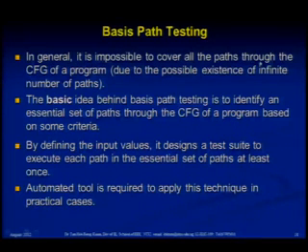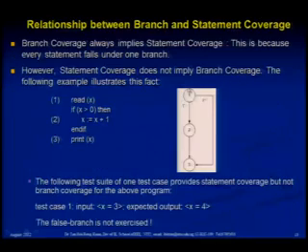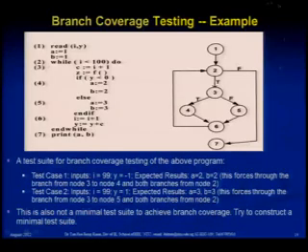In general, it is not possible to cover all the paths through a control flow graph. Of course, in this case you can have 2 test cases to exercise all the paths because there are only 2 paths: 1, 2, 3 and 1, 3. But for this other one, we have an infinite number of paths: 1, 2, 3, 4, 6, 2, 3, 4, 6, 2, 3, 4, 6, and so on.